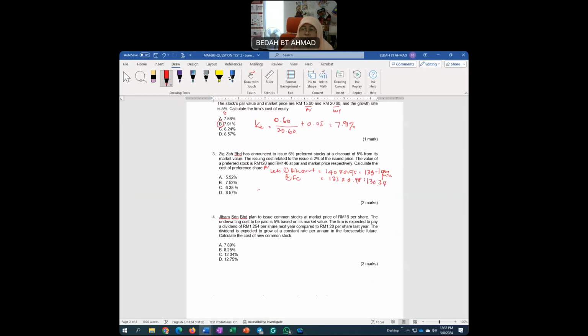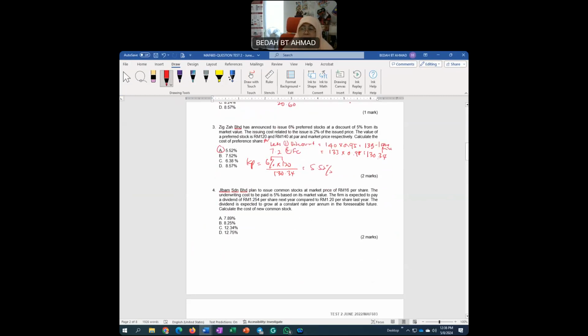Okay, so KP, preference shares, dividend is 6% of the par value 120, divided by net price 130.34. So 6% of 120 is 7.2. So 7.2 divided by 130.34 is about 5.52%. So the answer is A.